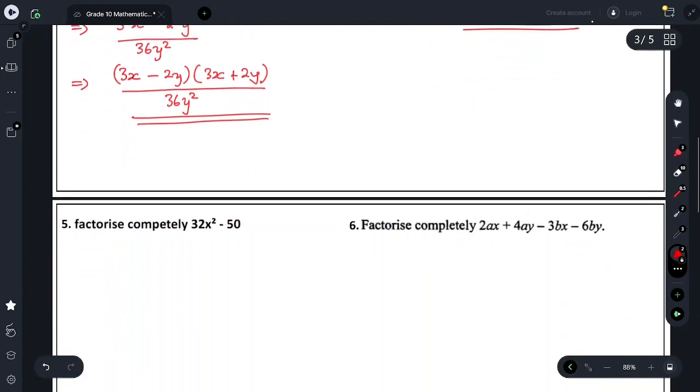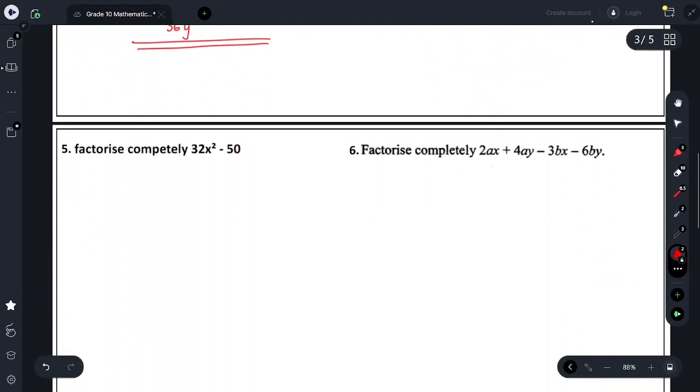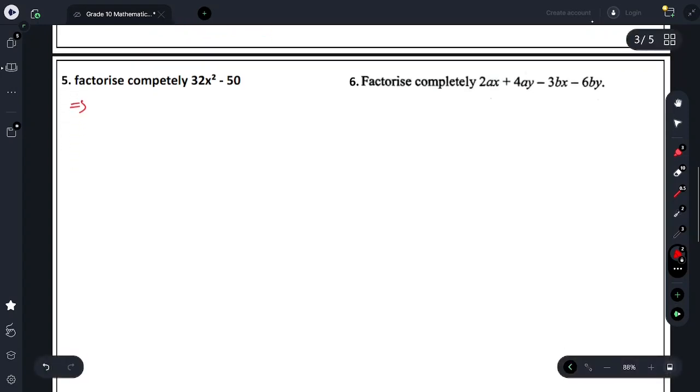So we continue. We come to question 5, which says factorize completely 32x to power 2 minus 50. As usual, we'll do the same. So here we rewrite 32x to power 2 minus 50.